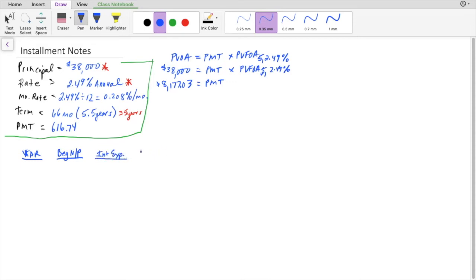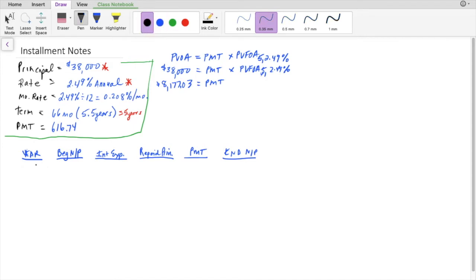I have a column for the amount of principal I am repaying each time, repaid principal. I have a column for my payment, and I have my ending note payable amount. So, how many years do we have here?